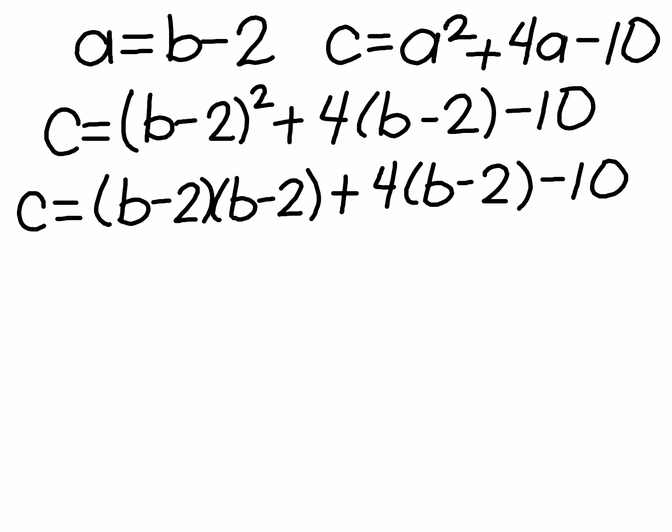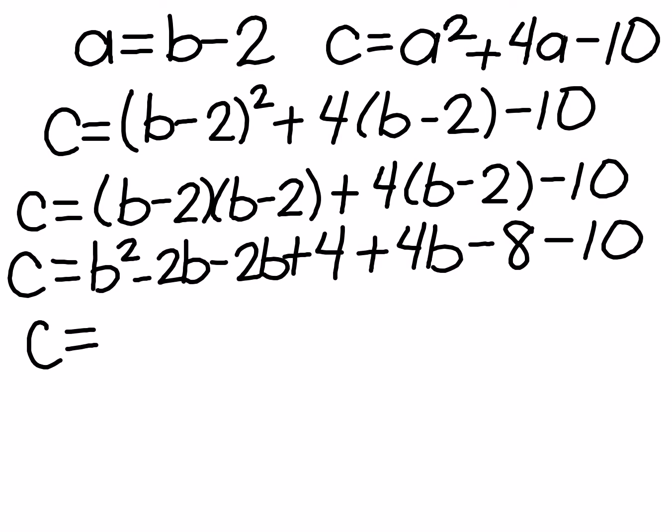As you can see, my base, I wrote out twice. This b minus 2 is the base, and I wrote it twice. Now I'm going to do FOIL. Now, we know FOIL is b times b is b squared. B times negative 2, negative 2b.